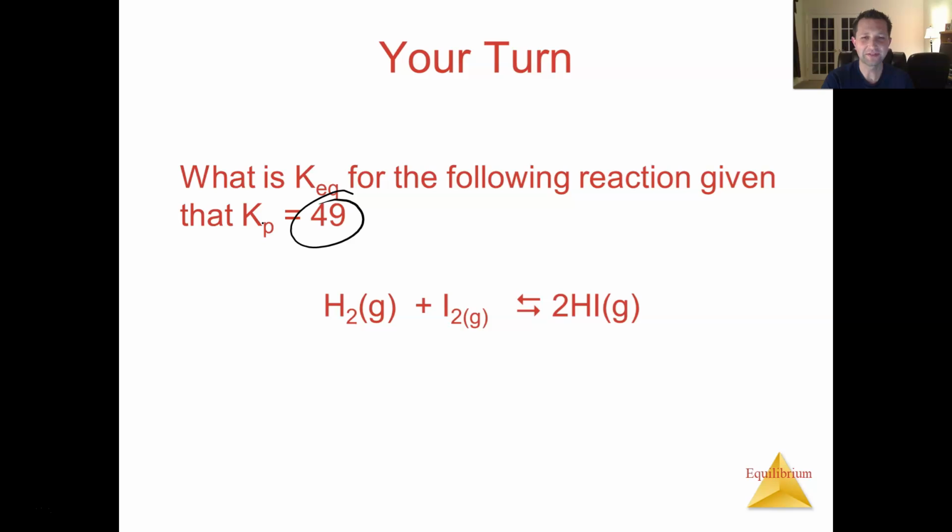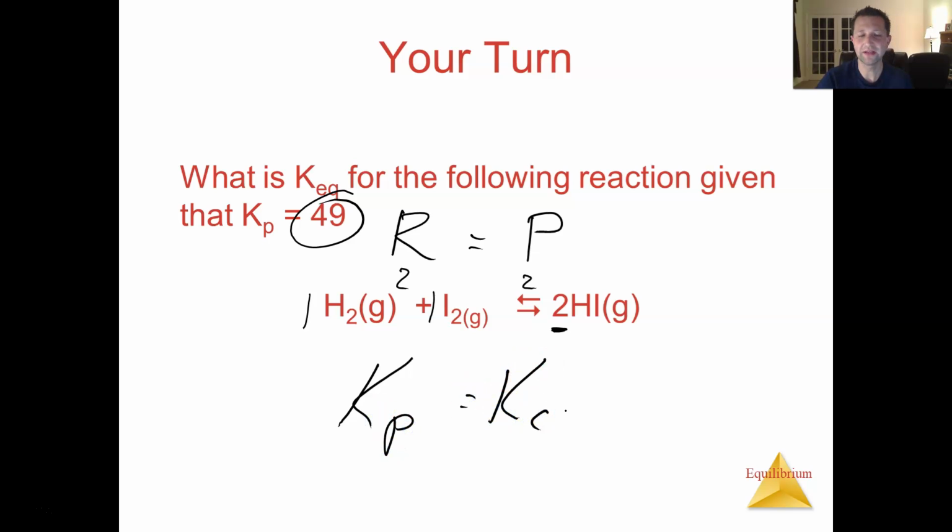If you go back a couple slides, moles of product, which is 2, moles of gas reactant, 1 and 1 is 2. If the moles of reactant and moles of product are the same, your delta N is 0, and your Kp is equal to your Kc.